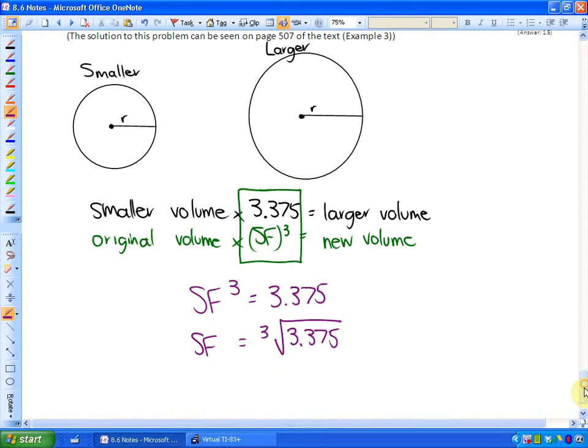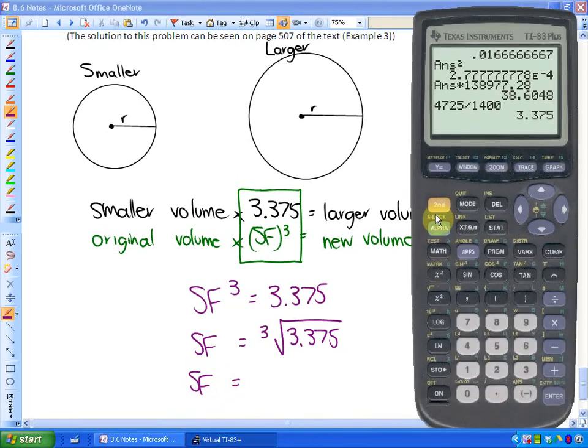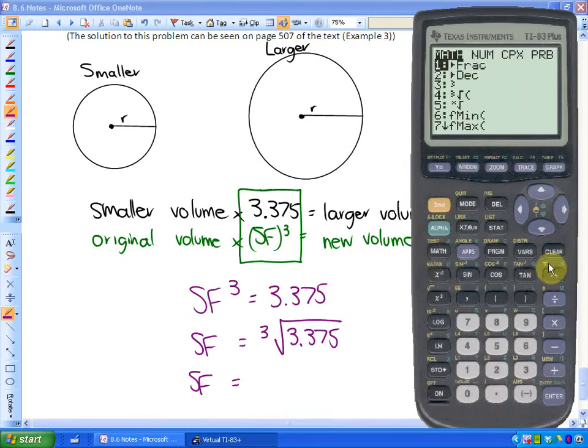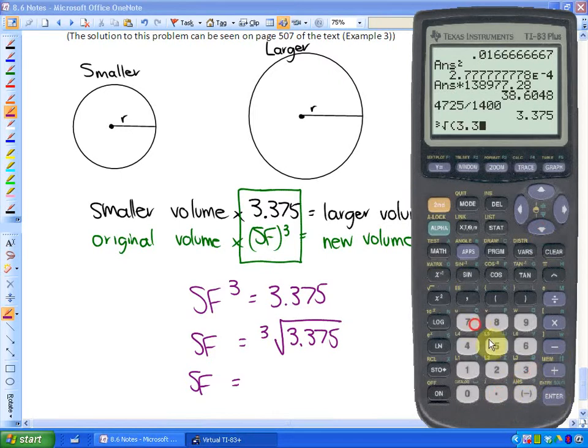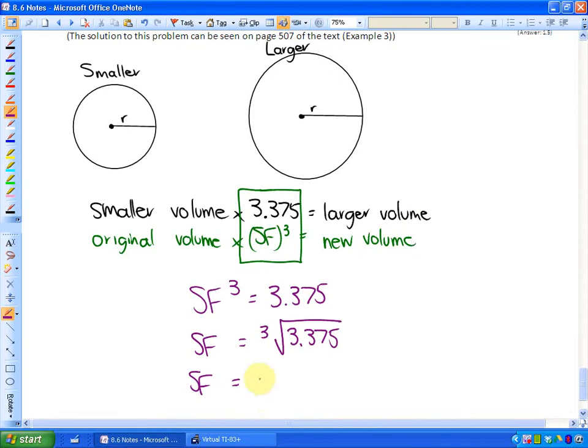And the cube root of 3.375, an interesting question, is equivalent to 1.5. So your scale factor is 1.5.